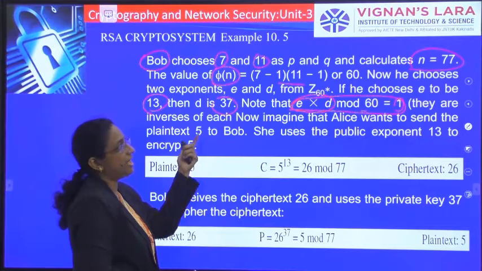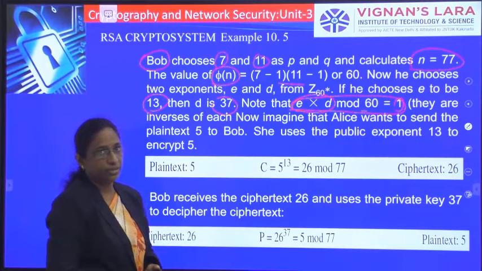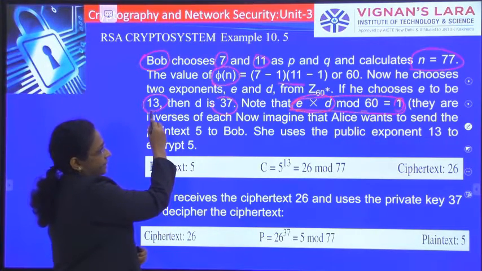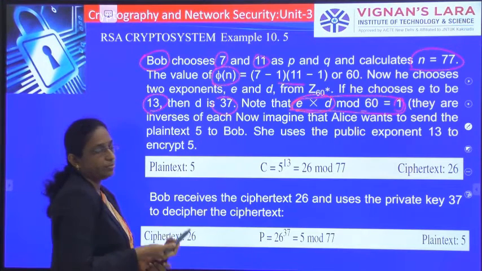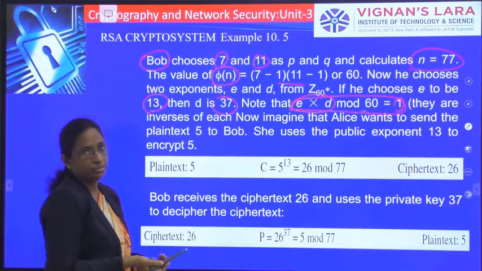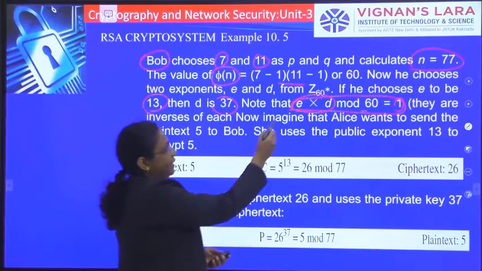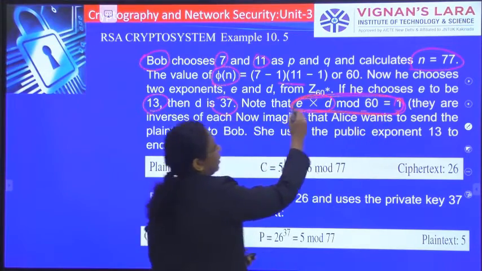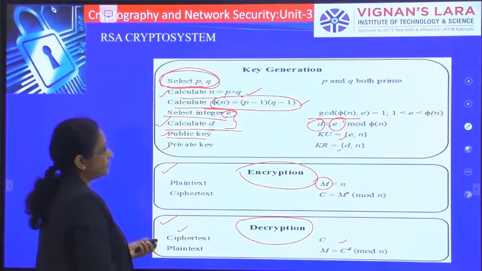So here we have chosen E = 13 and D = 37 such that both are multiplicative inverses of each other. That means E times D mod 60 is equal to 1.